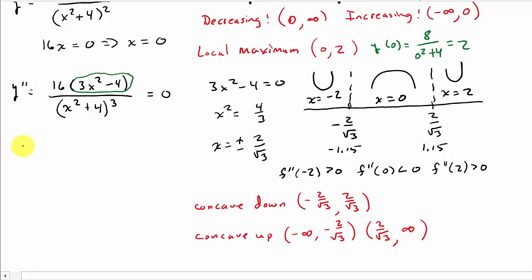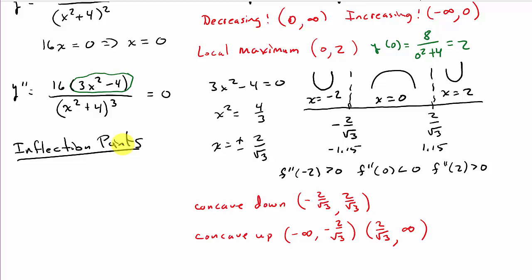All right, so now let's look for inflection points. All right, so inflection points, that's where it changes concavity, where it changes from concave up to concave down, or concave down to concave up.